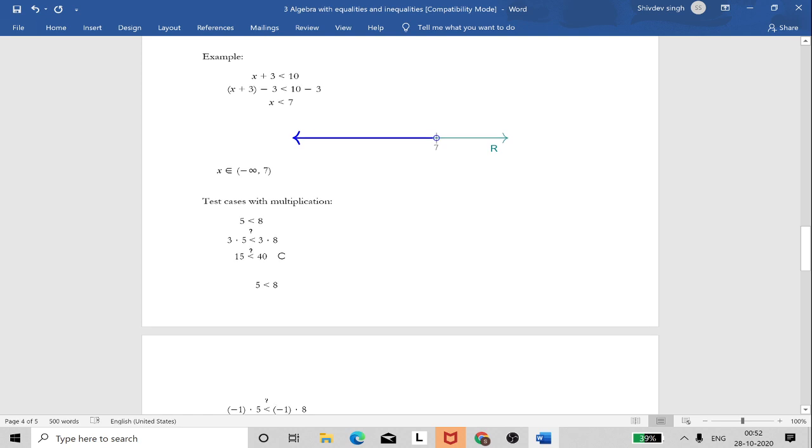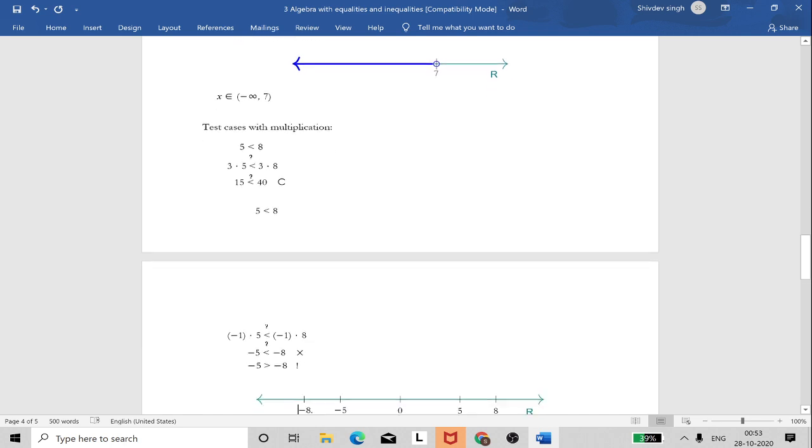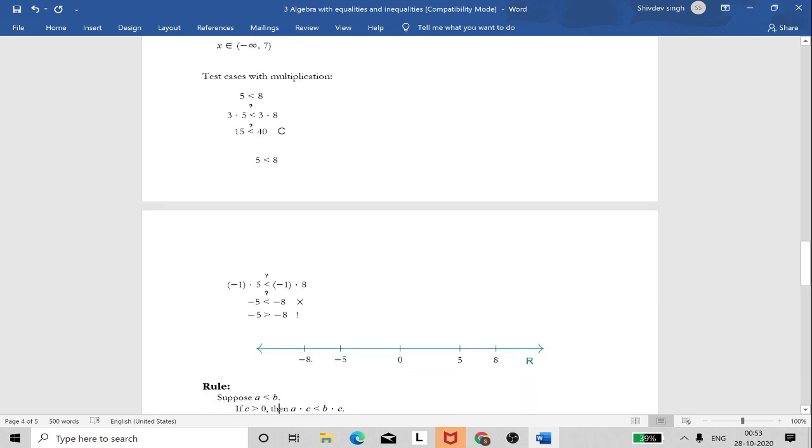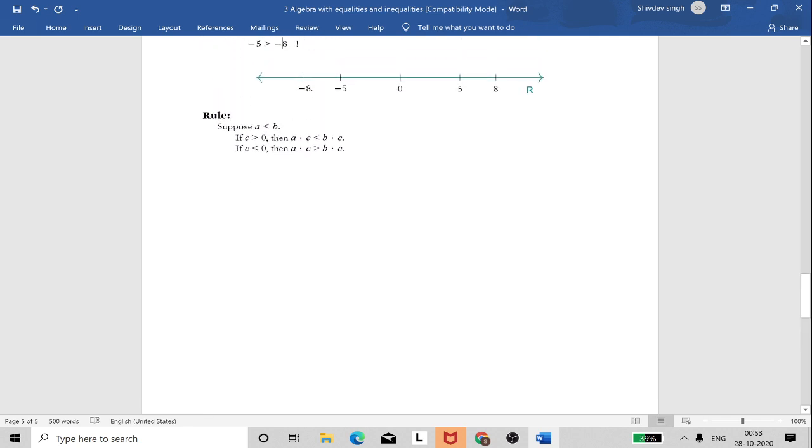Test the cases with multiplication also. For example, 5 is less than 8. If we multiply both sides by 3, what will we get? 15 is less than 24, which is correct. Now, what will be the case if we multiply both sides by a negative number? 5 is less than 8.